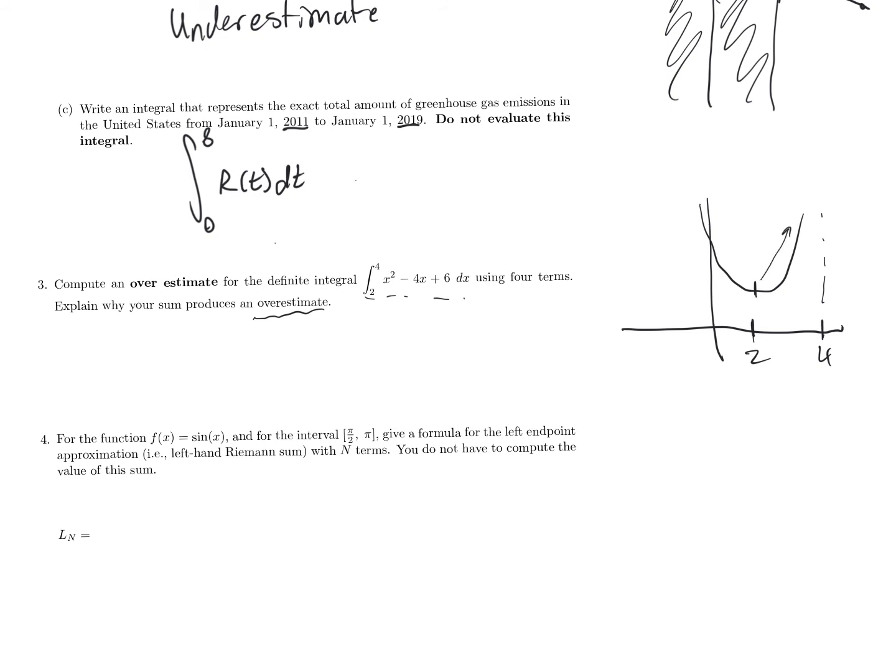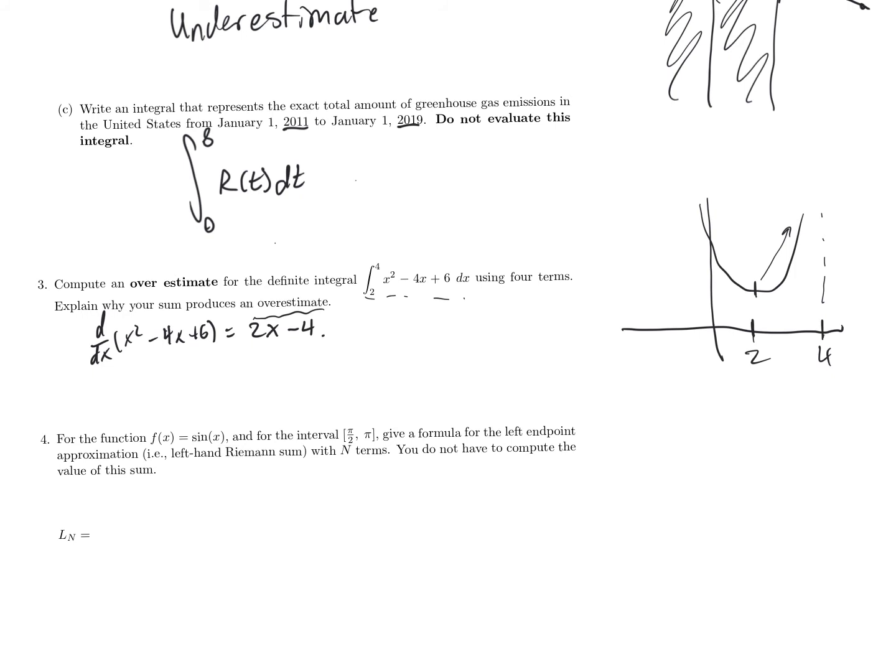Well, how do I know if it's increasing for real or not? So what I'm actually going to do, it's funny because we're taking an integral, but to know an estimation for an integral, I'm going to take a derivative. So the derivative of x squared minus 4x plus 6 is equal to 2x minus 4.